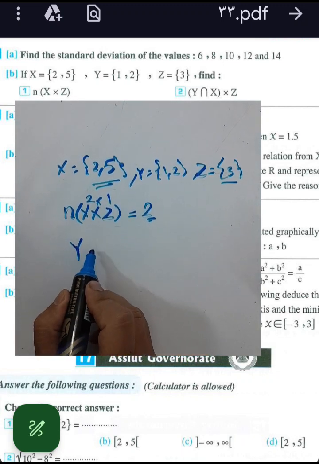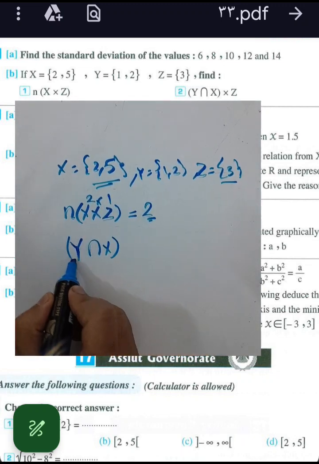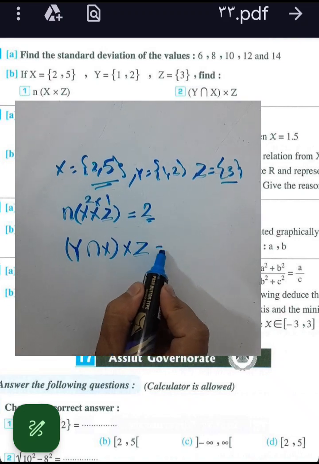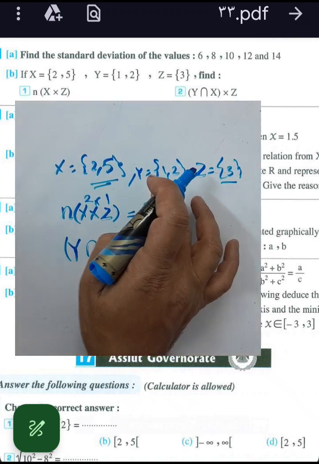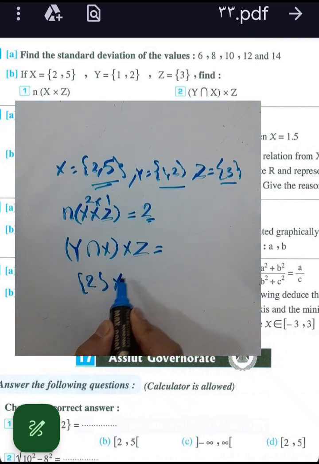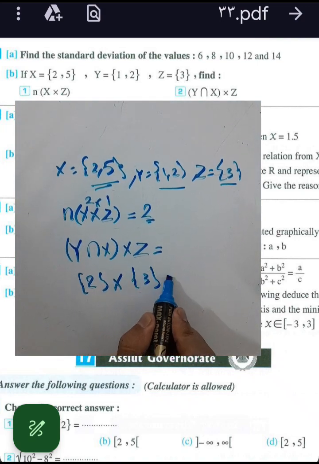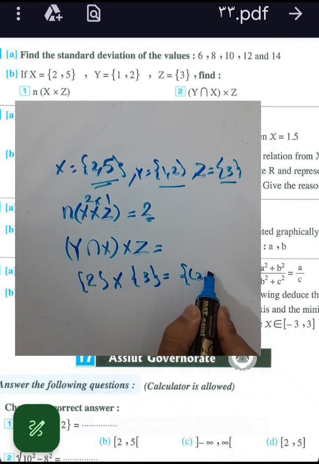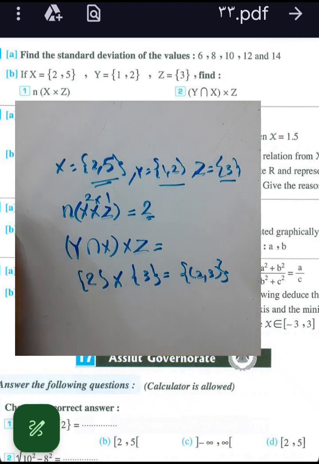You want to find Y intersection X, Cartesian product with Z. The intersection between Y and X will be 2. This is the product between them. The result will be 2 and 3.